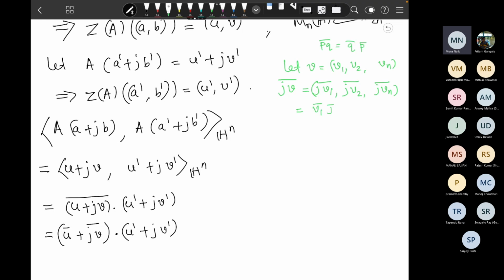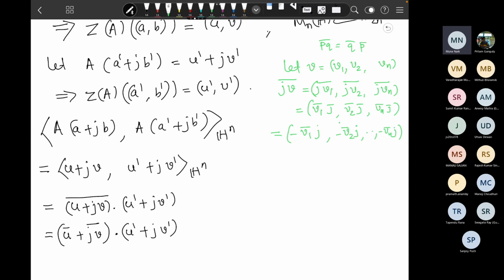So V1 bar J bar, V2 bar J bar, and Vn bar J bar. And J bar is equal to minus J, so I will get minus V1 bar J, minus V2 bar J, ..., minus Vn bar J.